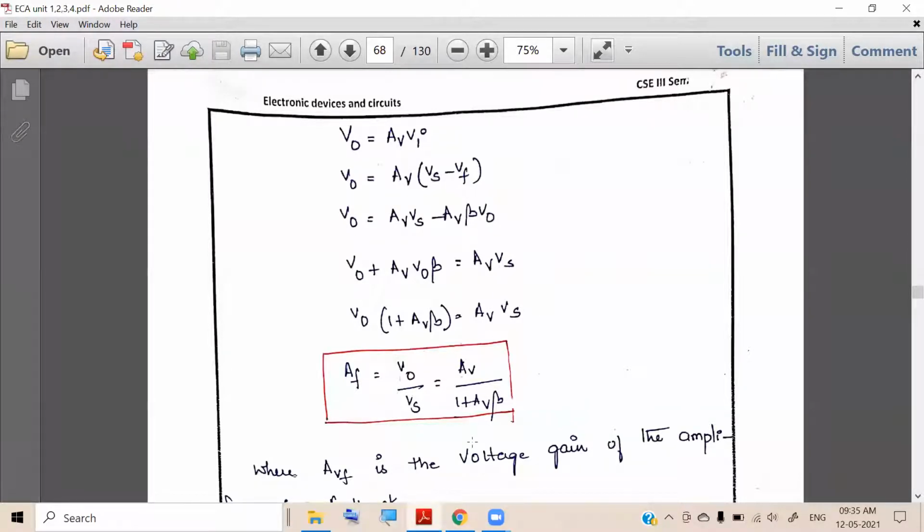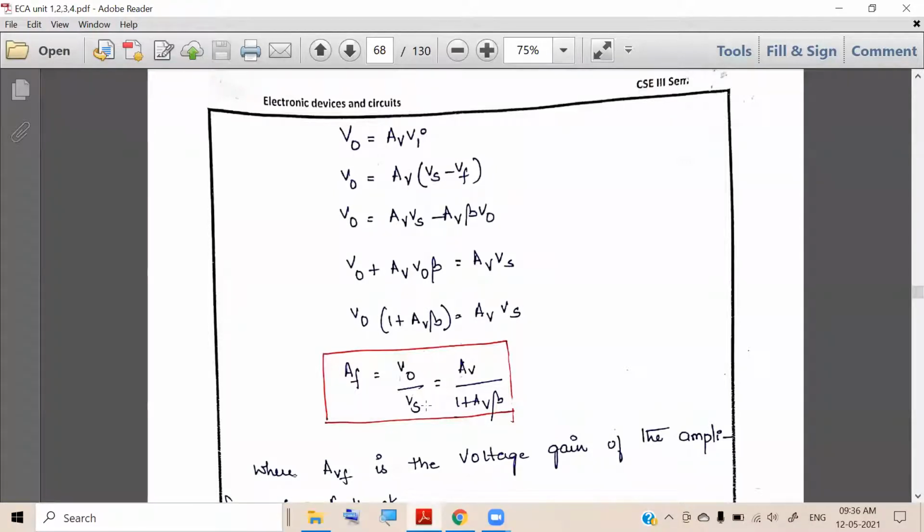Now let us get the relation V naught by Vs. From this, Vs we cross multiply to the LHS, and 1 plus AB beta we cross multiply to the RHS, so the RHS comes to the denominator.